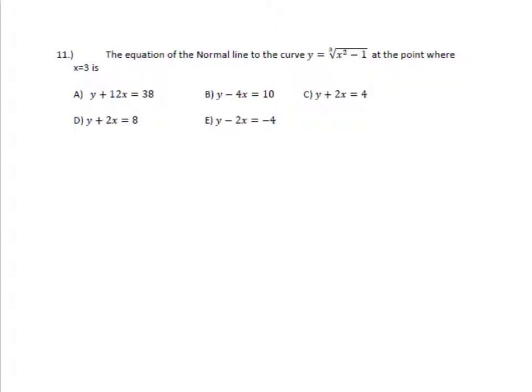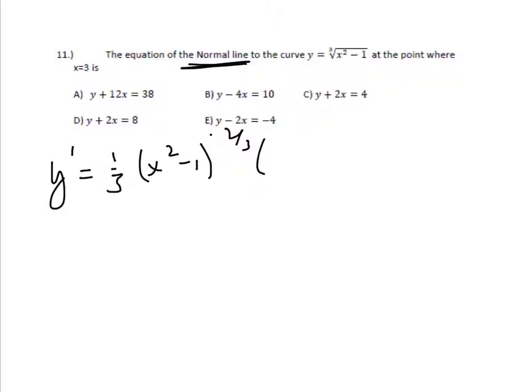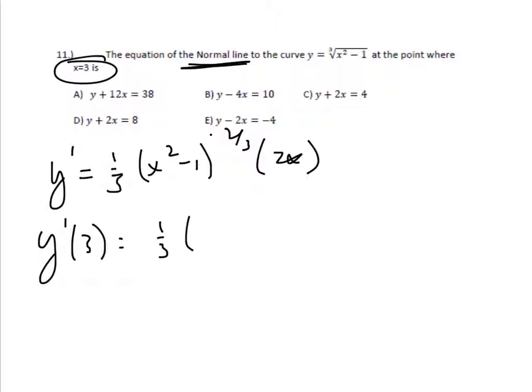Normal line to the curve. Normal line we know is perpendicular to the tangent, so y prime is equal to 1/3 of x squared minus 1 to the negative 2/3 times 2x. X equals 3, so y prime at 3 is equal to 1/3 of 9 minus 1 to the negative 2/3 times 6.